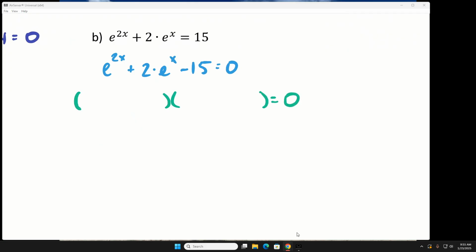And then I'm going to factor it like it's a polynomial, even though it isn't. You can still use those methods. Okay, and so what I put here and here needs to give me e to the 2x. Good. Right, and then this tells me my signs are plus minus again.